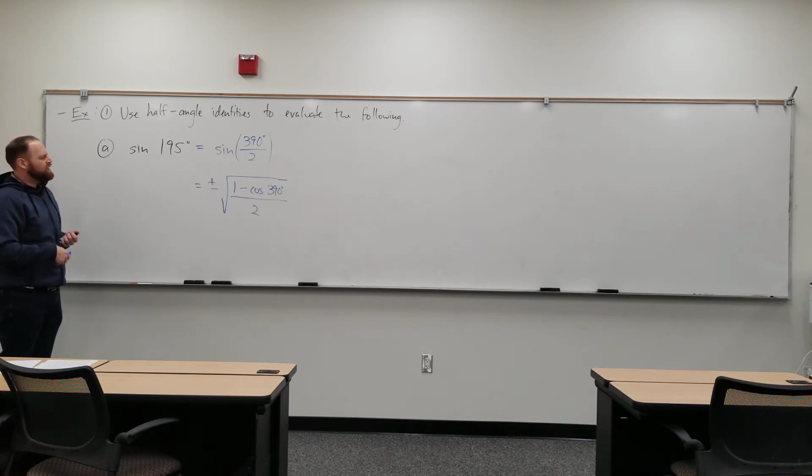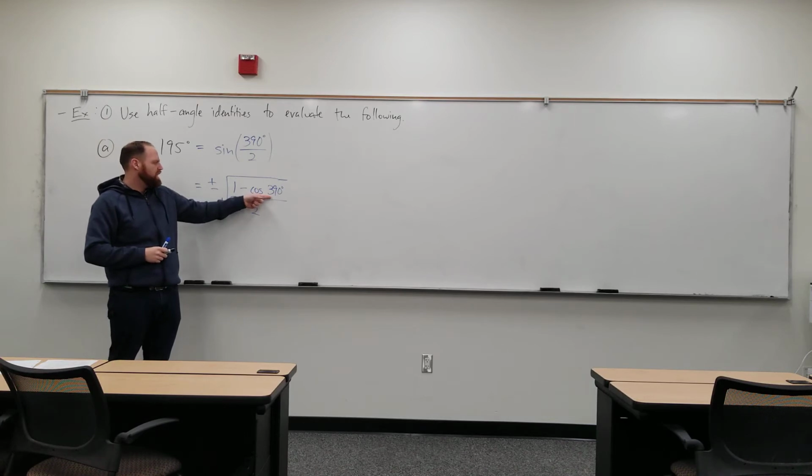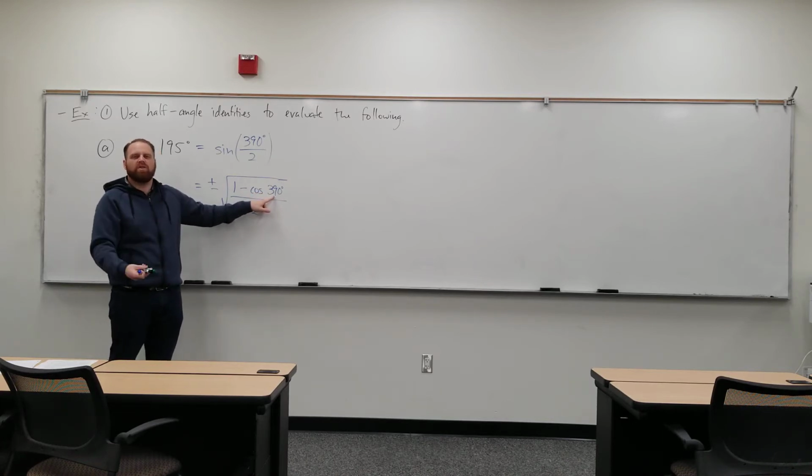Now the other thing is that cosine 390 degrees, that's 30 more than 360. And remember, cosine is periodic, so I'm just going to replace this with 30 degrees, because 390 is just 30 more than 360.